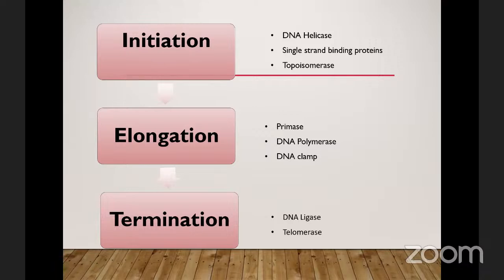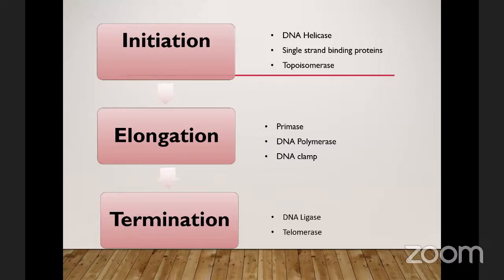Cells that are dying, new cells are being formed always, and the DNA in those cells has to be the same as the original DNA from the old cell that is dying. So there's always replication of DNA, and this is the process that is listed here. These are the enzymes involved in the replication of the DNA that happens usually.